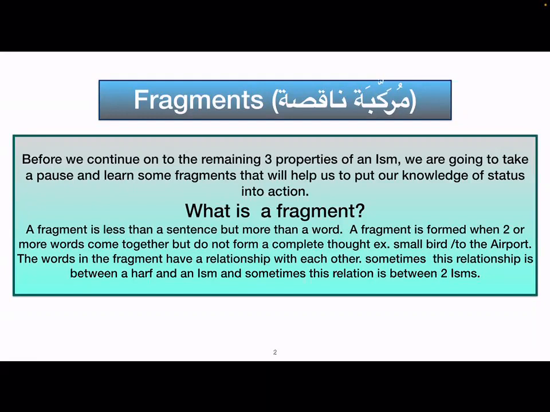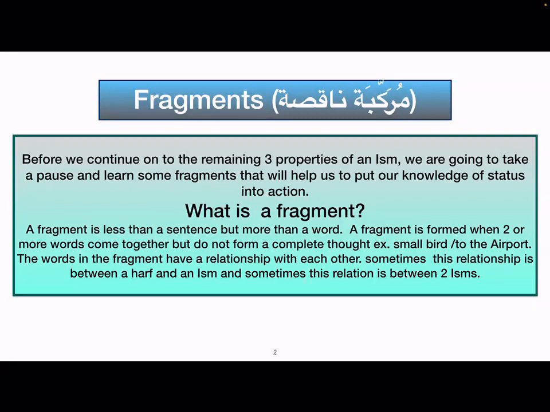And what is a fragment? Basically, we learned that every language has alphabets, right? In Arabic, we have alif, ba, ta, and in English, we have A, B, C. Every language has alphabets, and then these alphabets come together and make words, and the words come together and make fragments.